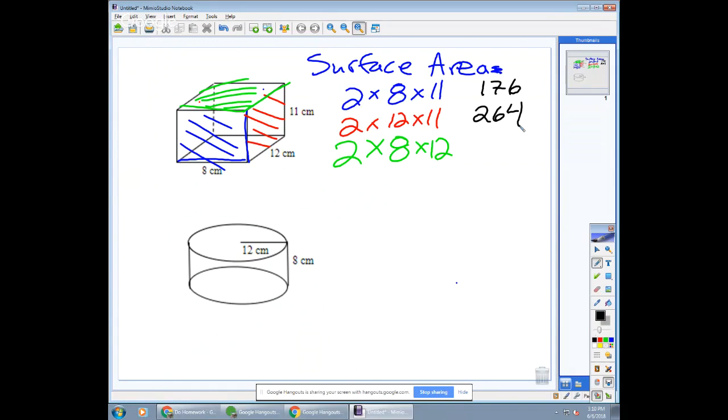This one's a little harder. It's 160, 32, 192. Anybody help me on that one? 2 times 8 times 12. 192. Okay.